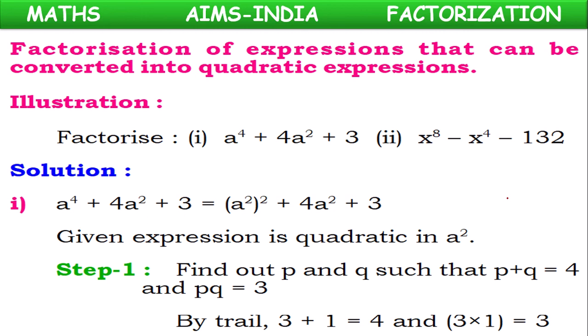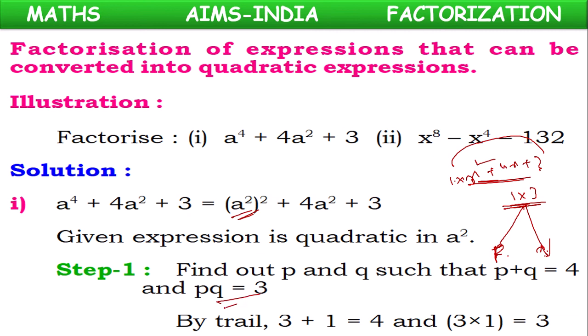So now we have to factorize the quadratic expression x square plus 4x plus 3. Here the coefficient of x square is 1, so 1 into 3 is 3. The AC product 3 is to be converted into two numbers p and q such that the pq product will be 3 and the pq sum will be plus 4, like we have learned earlier.